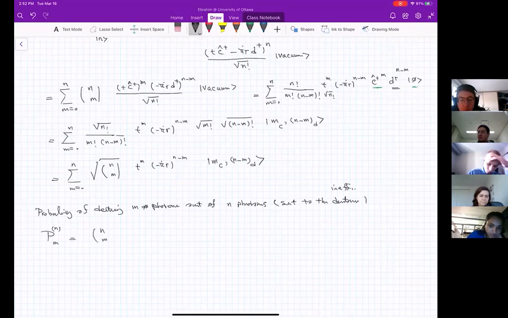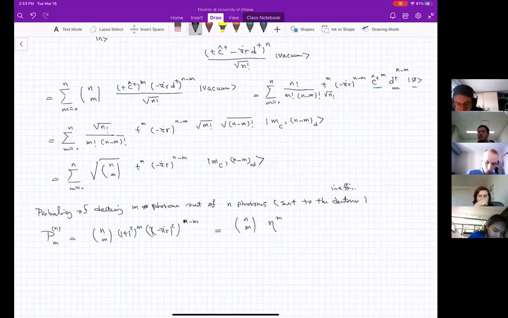n choose m, the square modulus of t to the power of 2, times the square modulus of minus i r to the power of 2. Good. Then that can be simplified as n divided by m, eta to the power of m, because I assume that the transmittivity squared is equal to eta, which is the efficiency of the detector.